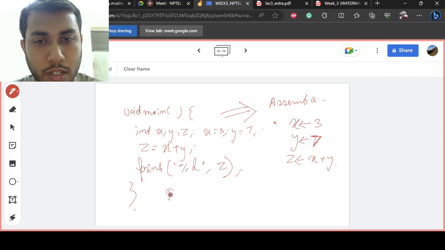So your processor, that is the CPU, has this concept called load and store.